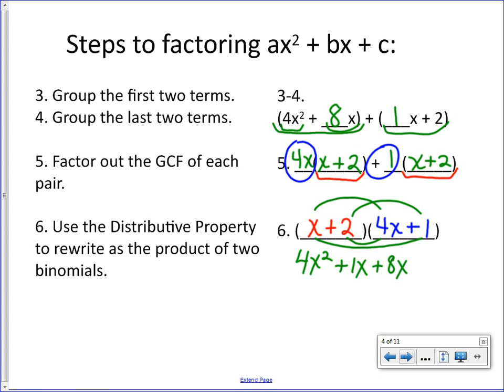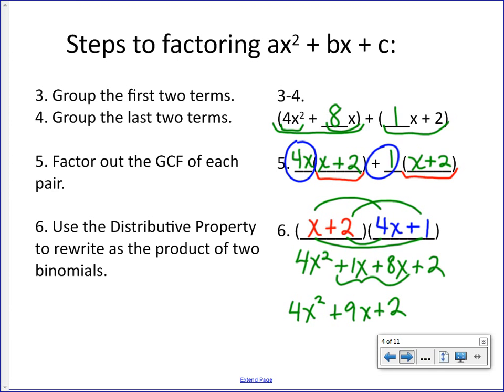And multiplying our last terms together, 2 times 1 is 2. Combining the two like terms, we have 4x squared plus 9x plus 2, which is the same as the original trinomial that we started with. So that's a way of checking it once you have your two factors.